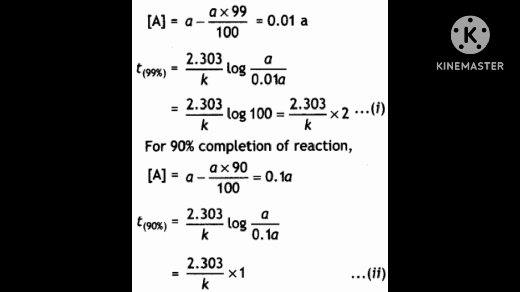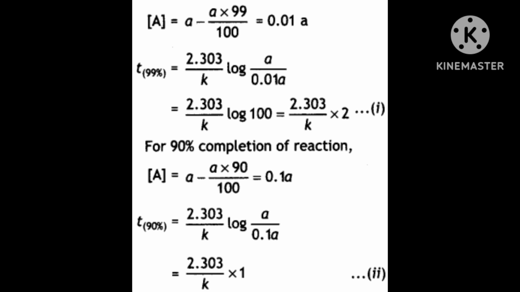Now you want to know the PA value, the pressure of gas A. How will you come to know the pressure PA? PA, the pressure of gas A, is equal to Pi minus X. You have considered all the things, correct?